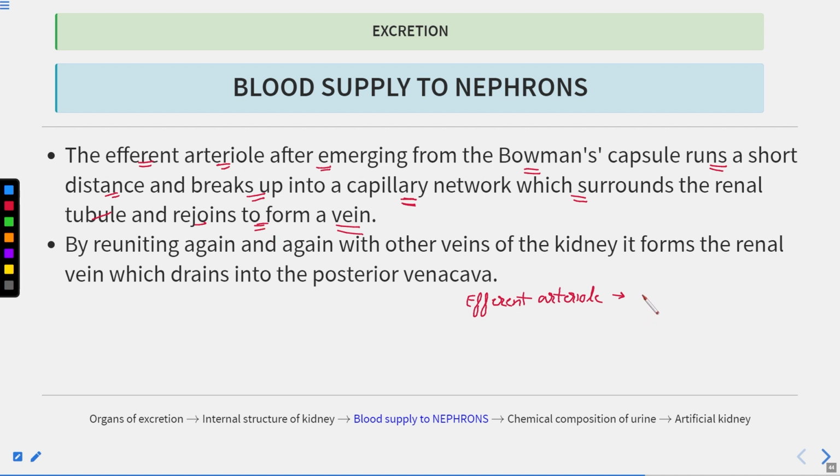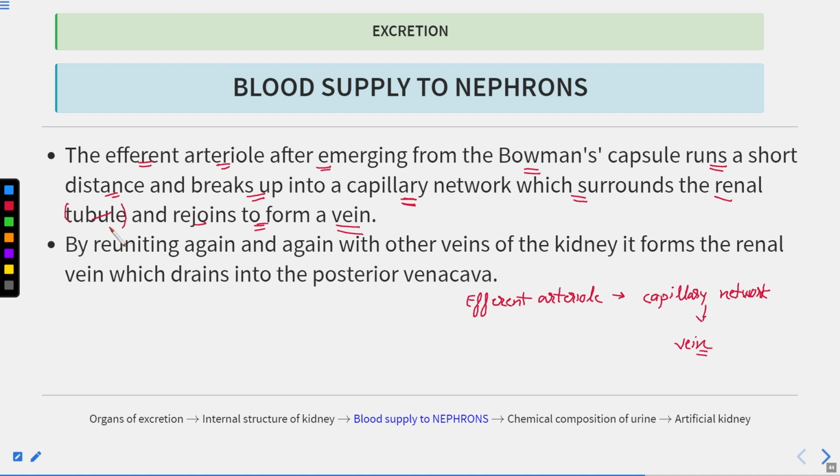So it forms a capillary network, and what happens? Then it rejoins to form the vein, a larger vein, and this capillary network surrounds the renal tubule. So what is the renal tubule made up of?